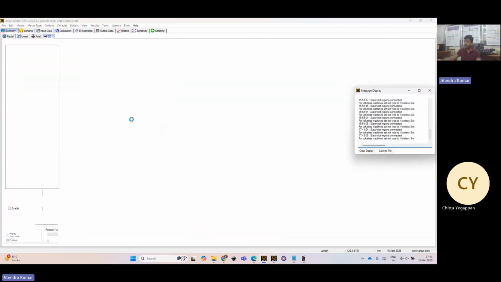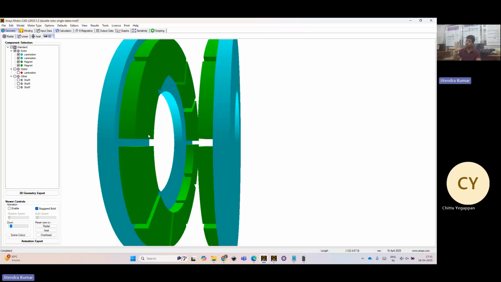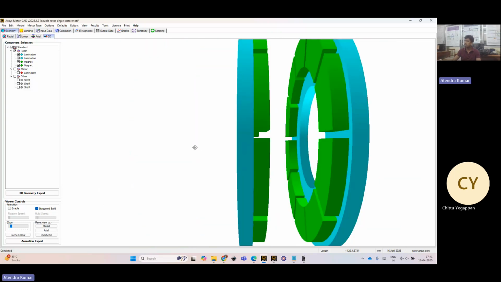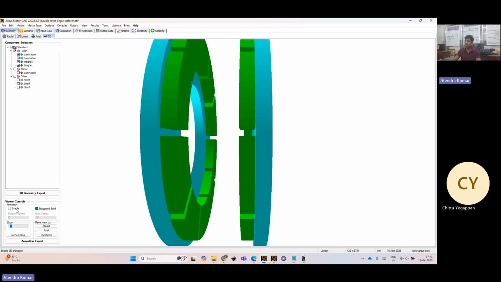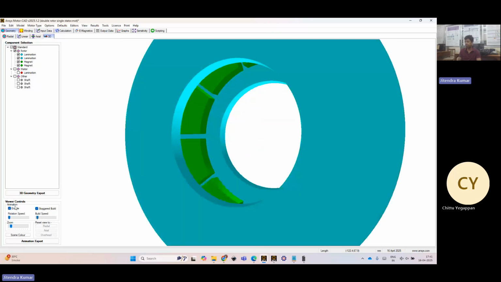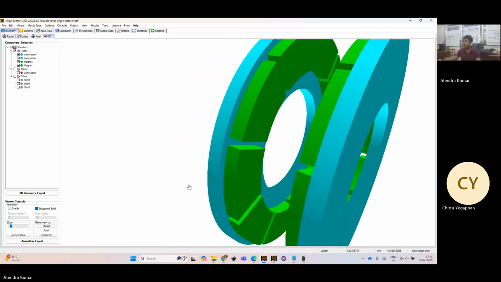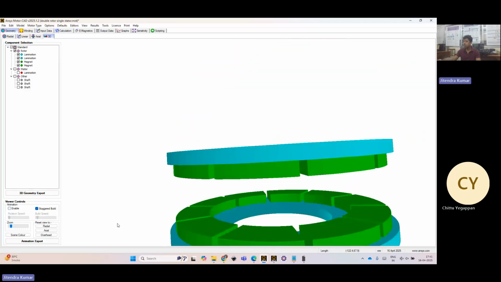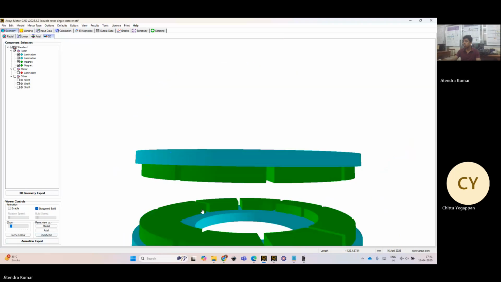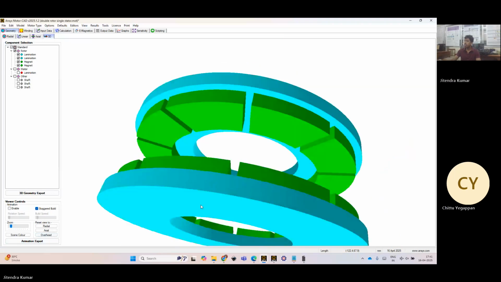From this figure, you can see that magnets are attached to the rotor surface, right? Magnet poles are attached to the rotor surface. And since it is dual rotor, these magnets are placed on both the rotors. In the radial flux machine, they were placed on the radial outer surface.